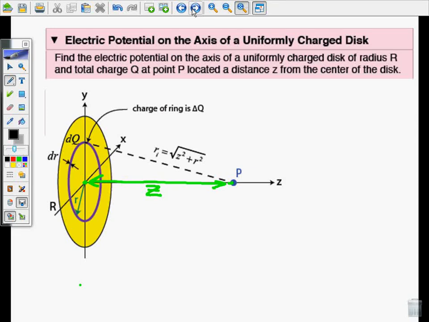Let's just try to solve the problem here for the electric potential at point P. We know how to do it for that ring there, and as Andrew said, we just have to sum up the effect of all those rings.